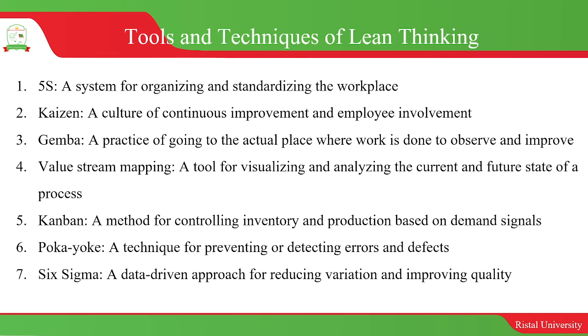We have the Gemba, we have value stream mapping, we have Kanban, we have Poka Yoke, and then Six Sigma. We shall explain all this in the coming steps. They sound a bit strange, but actually you'll get to realize these are already common things that you might have been using already in the hospital, in the setup that you are in, except that here they are coming in a different terminology. We shall see in the coming slides.